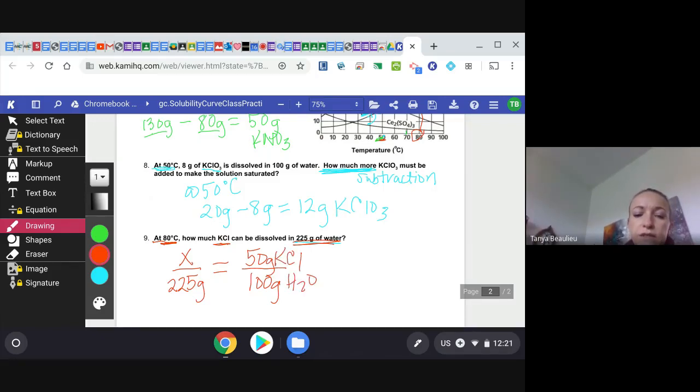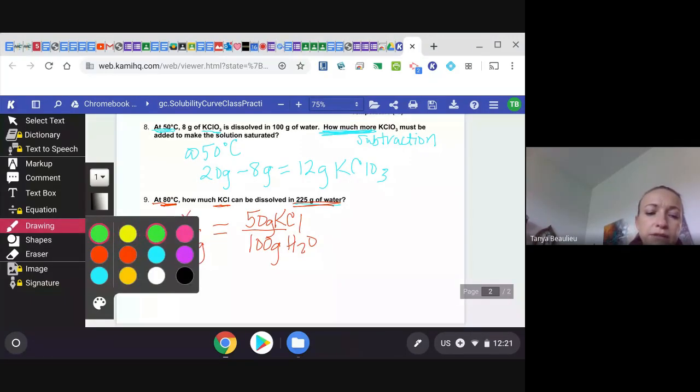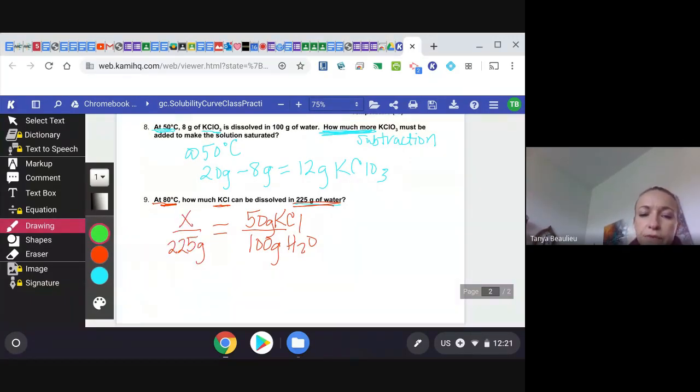Now to solve this one again, we're going to go and cross multiply. X times 100 is 100x. 50 times 225 is 11,250. And to get x by itself, divide both sides by 100.